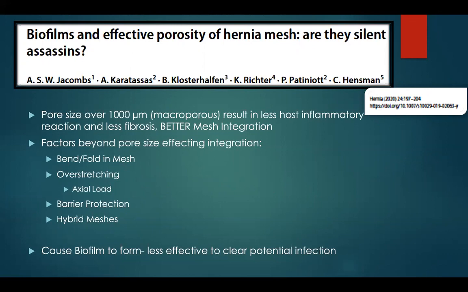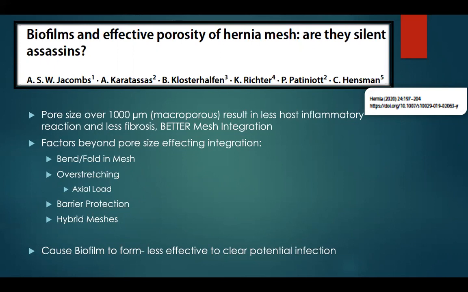As well, even if you have large pore size, but you have a barrier, and it's not necessarily something that was high risk, like a secure mesh barrier, or some of the antibiotic coated meshes that may have an effect to increasing those risks of infections. But really any barrier actually affects the mesh integration.